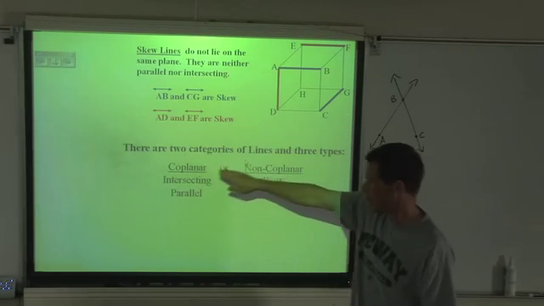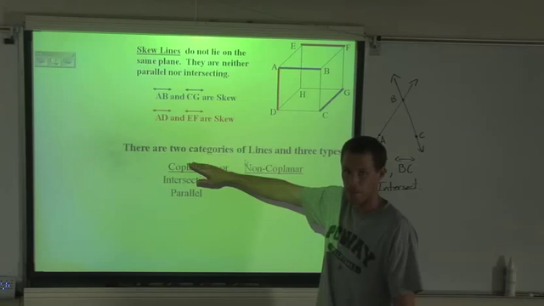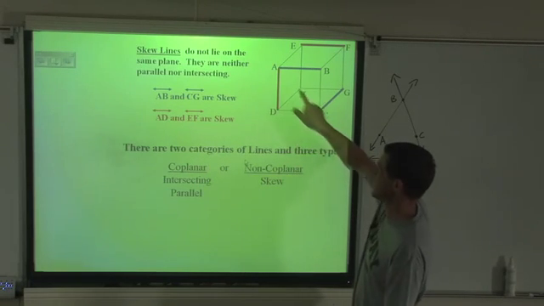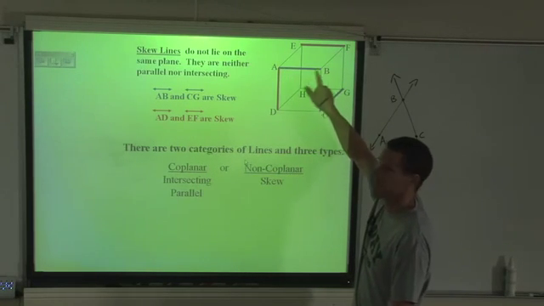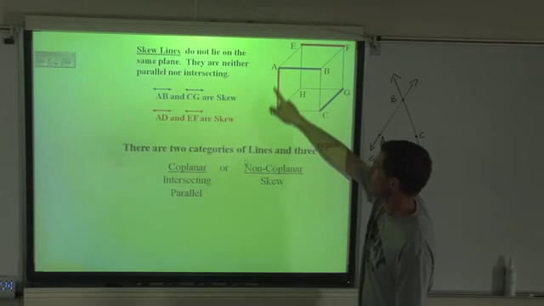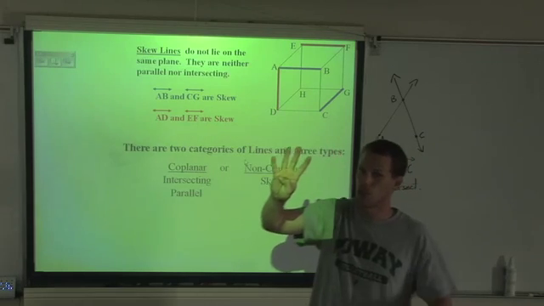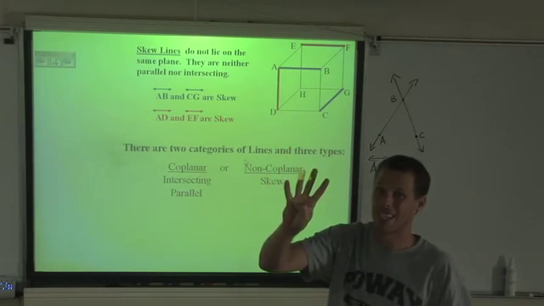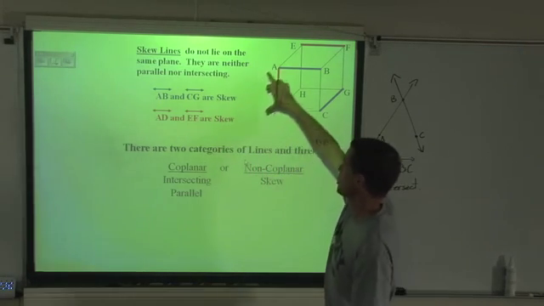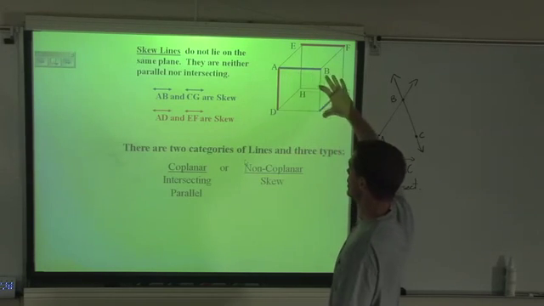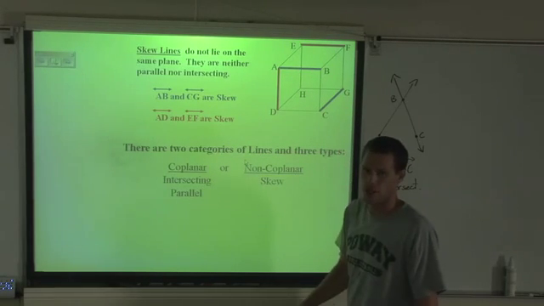Intersecting lines are always coplanar. Parallel lines like DC and AB, these A, B, C, and D, are 4 points which don't have to be coplanar, but because they are, we're able to produce parallel lines. And then non-coplanar is skew lines.